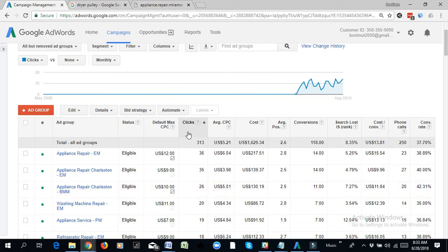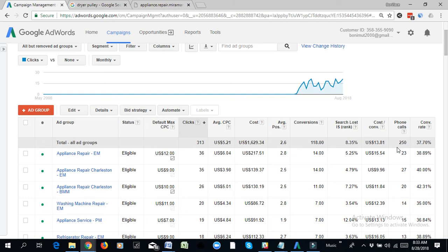We also look at the clicks, and if there's any ad group with more than 3 clicks and is yet to give us any conversion, we also open that to see if there's anything wrong in the ads, whether the ad has an optimized URL, an optimized landing page with enough keywords, and if we have the keyword in the descriptions of the ad, if the ad copy is good, and looking at anything that could help us make a decision on what to do.